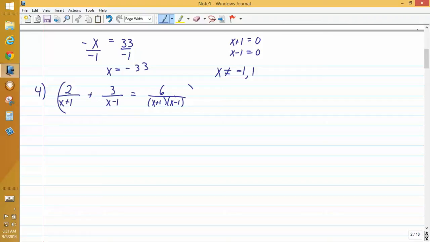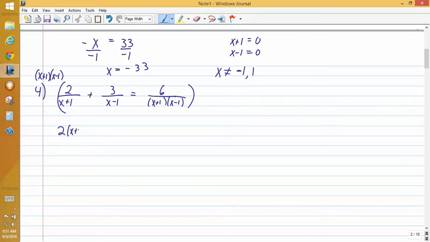Now I multiply by the least common denominator, which is going to be x plus 1 times x minus 1. Multiply that in times every term.